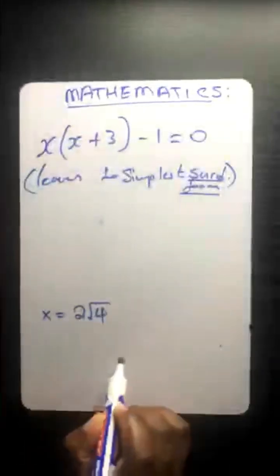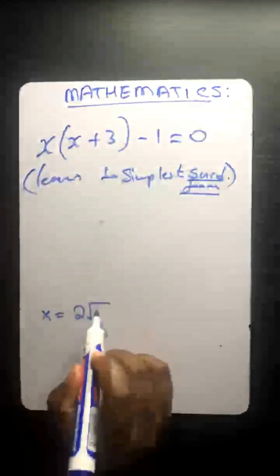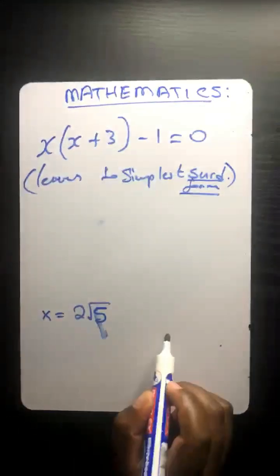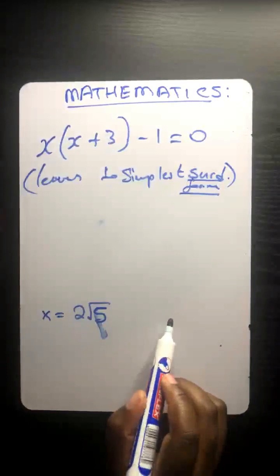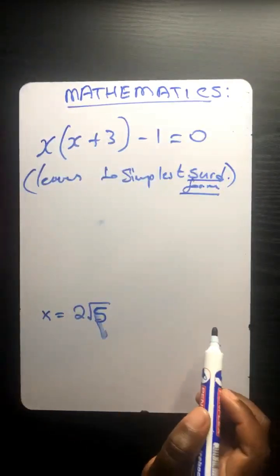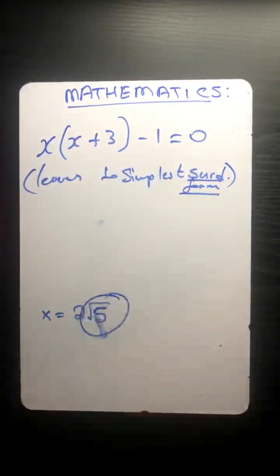Can you see, honorable members? So that means you will still use that quadratic formula, but leave your final answer as it could be 2 square root of 5. Whatever the case may be, as long as it is in the form of a square root, you just leave it as it is. Just be careful of that.